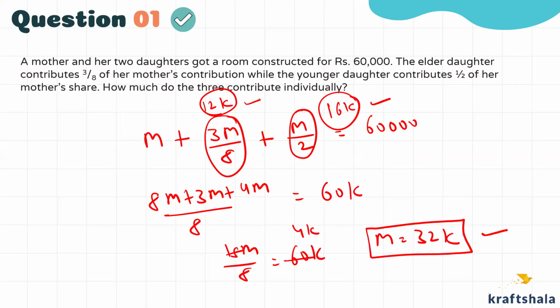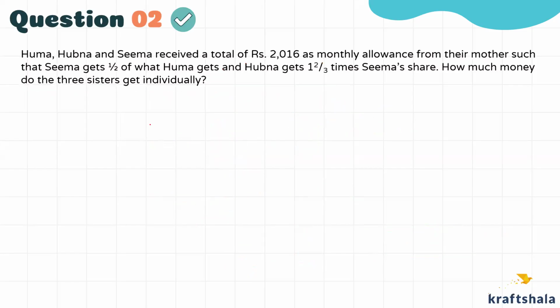Okay, let's do the last question of today's session. Try this. This is 1 2 by 3, a mixed fraction.